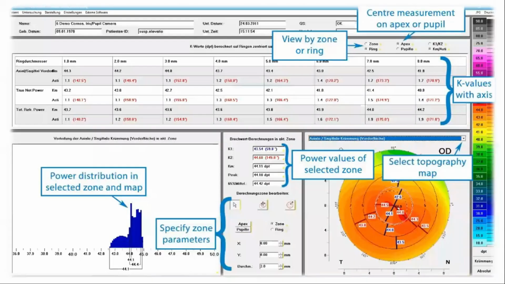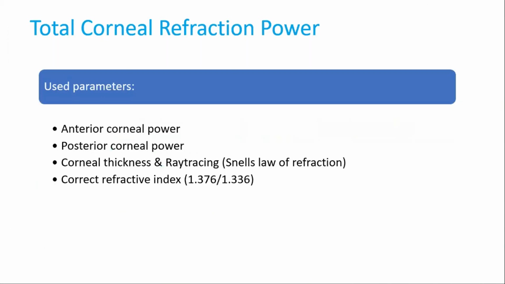So when I was going through the book on Pentacam Oculyzer, I came across this point that this map, the corneal power distribution map, is a better map than EKR because it considers total corneal refractive power. EKR actually depends on the true net power, which doesn't take the principal planes into consideration.